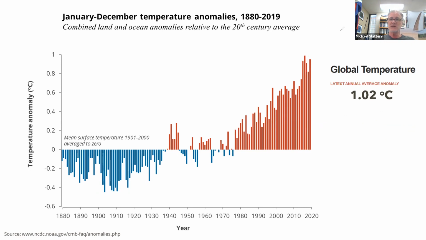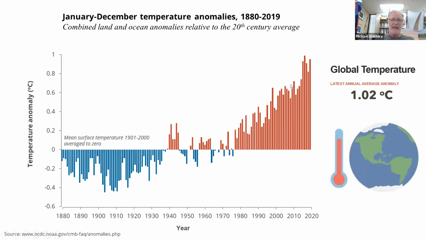What this basically means is that over the last 120 or so years, we have incrementally changed the global thermostat. Temperatures are about 1.5 degrees Celsius warmer for that whole 120-year period.